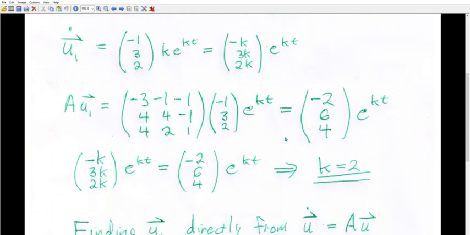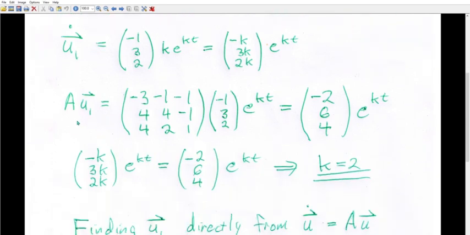Now, calculating Au1, we just need to multiply our matrix of coefficients times our solution. The e to the kt is a scalar, so the only thing that happens is this 3 by 3 multiplies this 3 by 1, and we take a dot product.